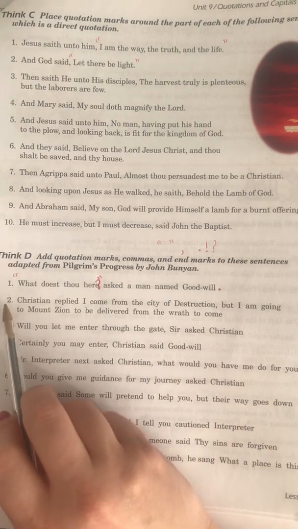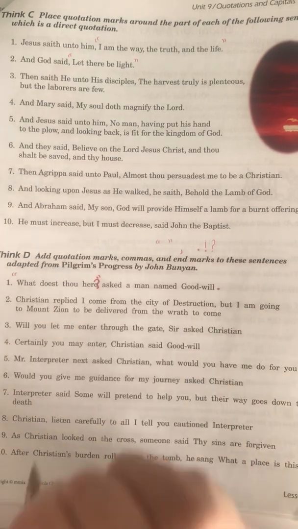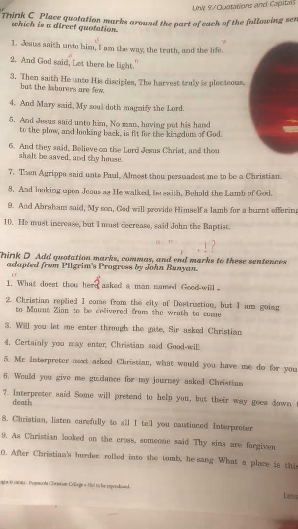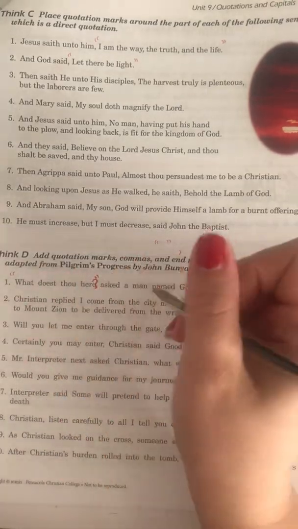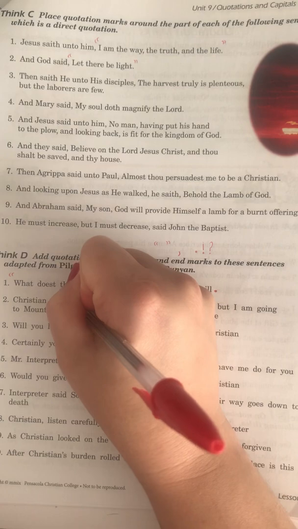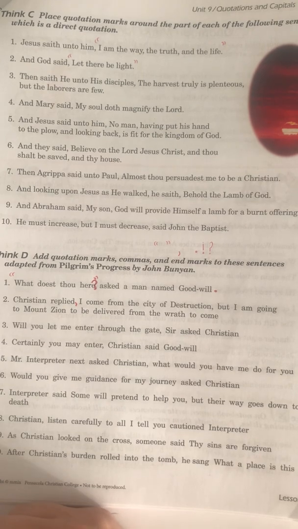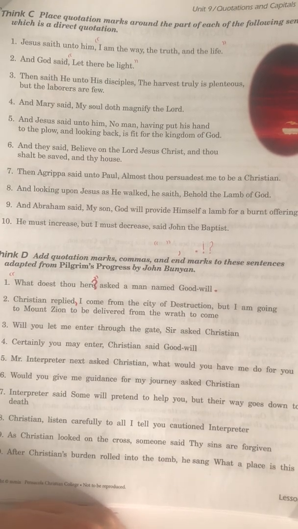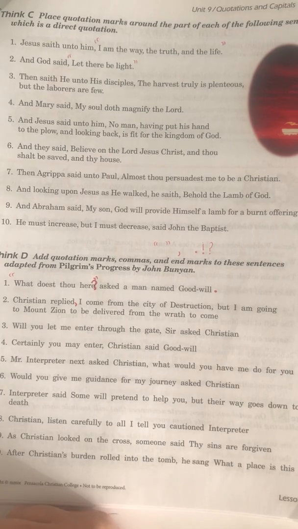Let's try number 2, since I kind of confused us a tiny little bit saying there was a comma first. "Christian replied," so I already know that's a comma because it's not asking anything. Christian replied, comma, "I come from the city of destruction, but I am going to Mount Zion to be delivered from the wrath to come."